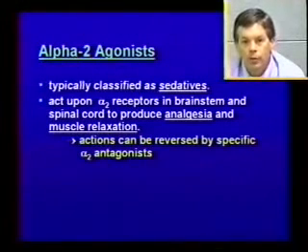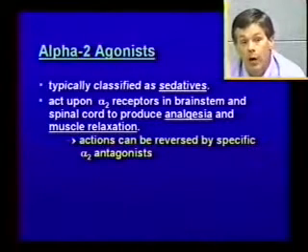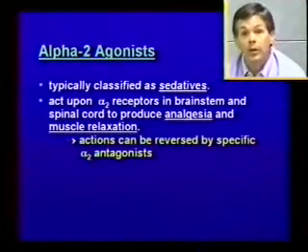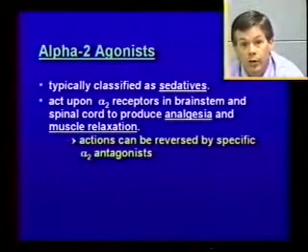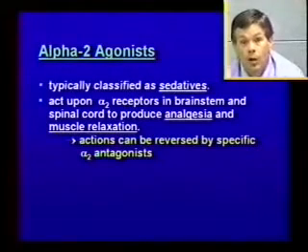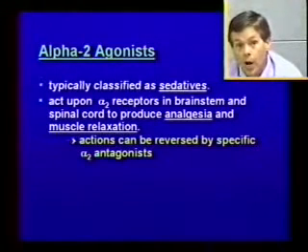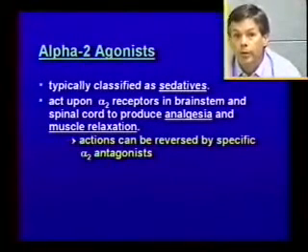By virtue of that stimulatory effect on these receptors, these drugs are able to produce a wide variety of effects. Typically, these drugs are classified as sedatives, but they are also very effective analgesic agents. They also produce moderate to high degree of muscle relaxation in animals too.